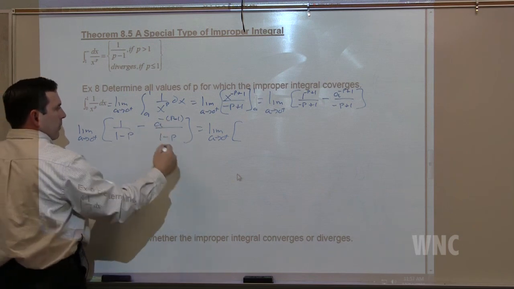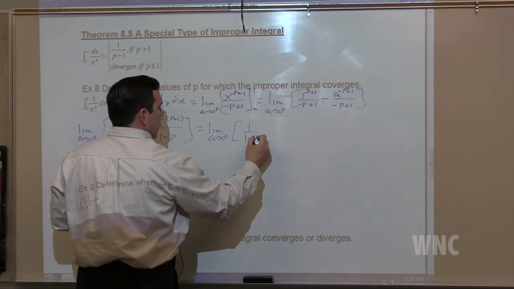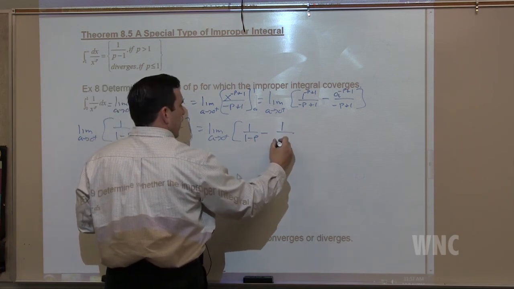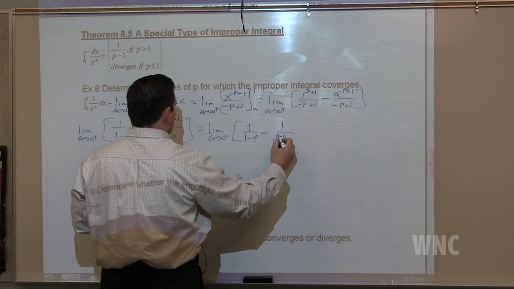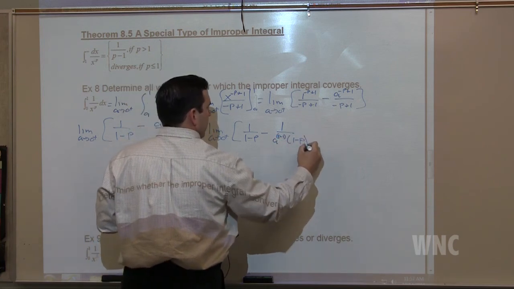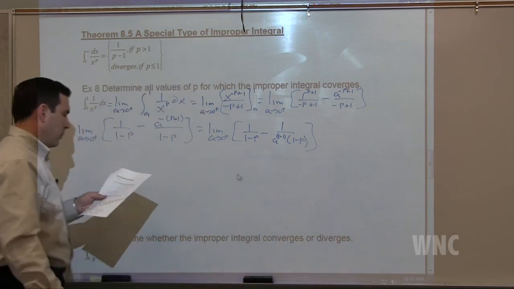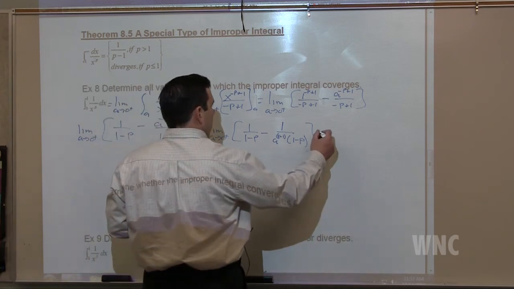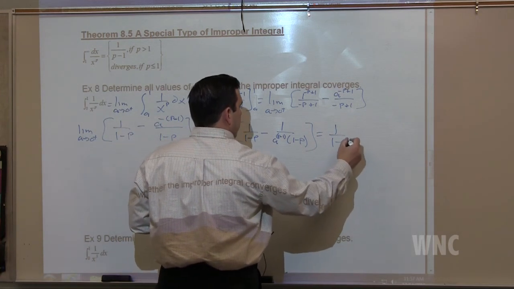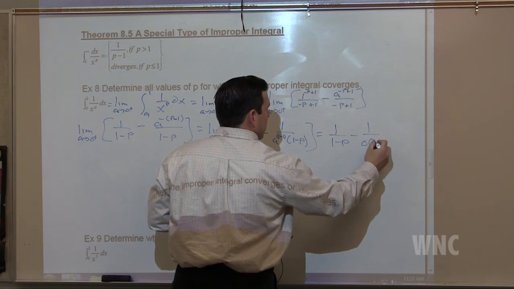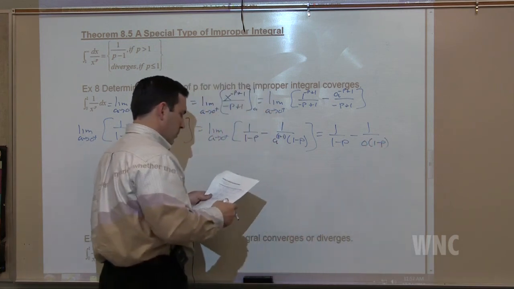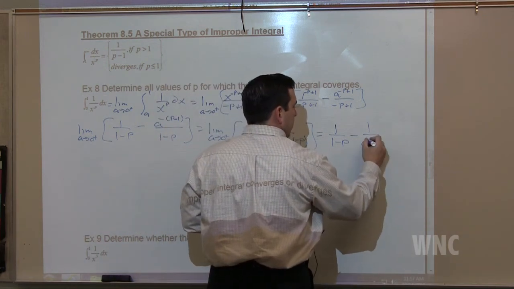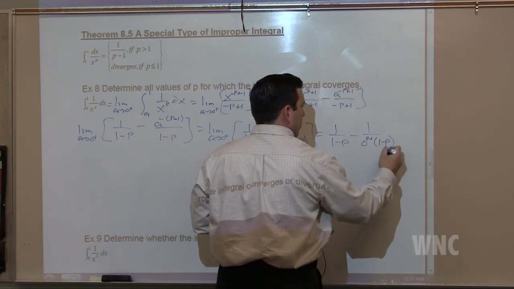I'm going to bring this down. 1 over 1 minus p minus 1 over a to the p minus 1 times 1 minus p. Now if I plug in 0 for a, I'd have 1 over 1 minus p minus 1 over 0 to the p minus 1 times 1 minus p.